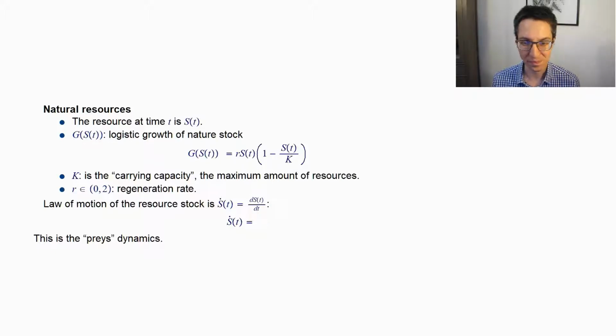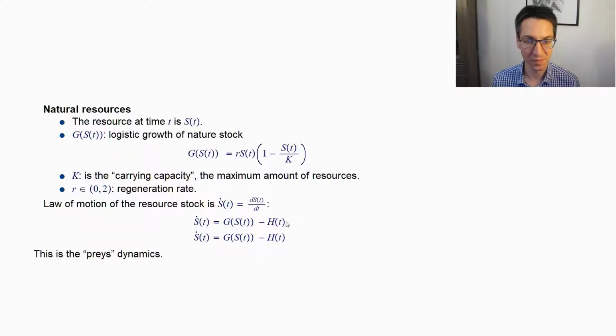Now the law of motion of the resource stock is written S dot of t, which is simply the derivative of S of t with respect to time. So we write S dot of t simply equals the natural growth G of S of t minus the harvest at time t, H of t.